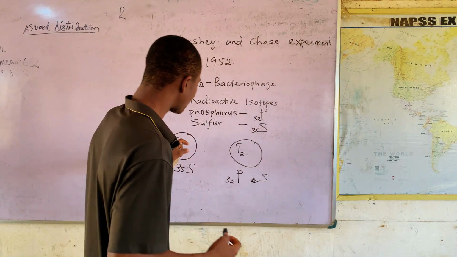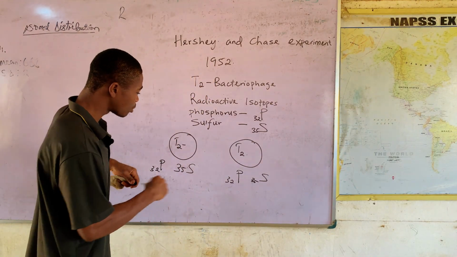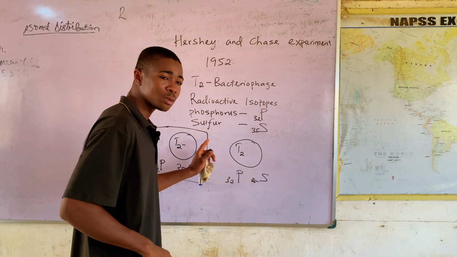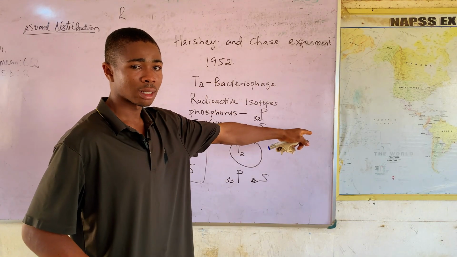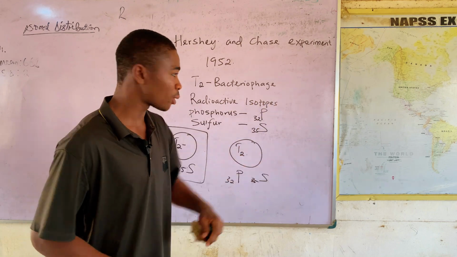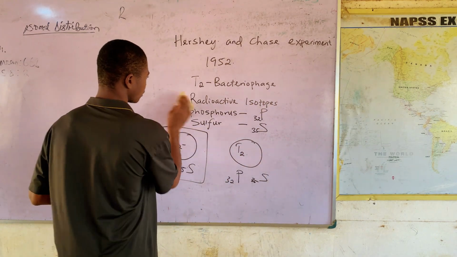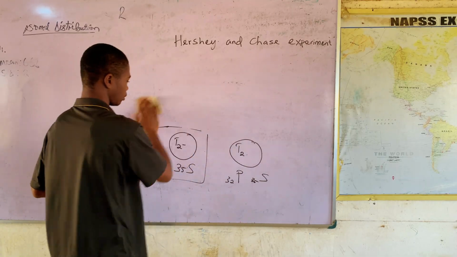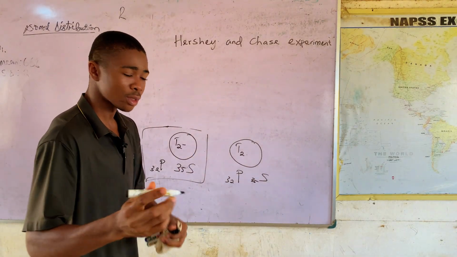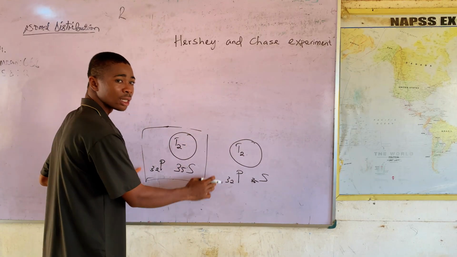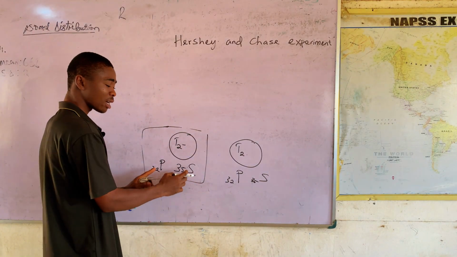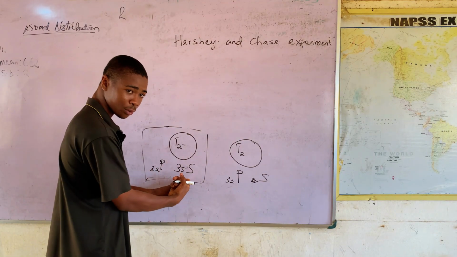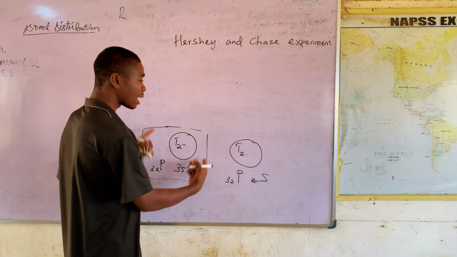So what they did was they allowed the medium they had prepared to infect a bacterium, which was Escherichia coli. They allowed this bacteriophage that they cultured in the presence of radioactive phosphorus and radioactive sulfur to infect the bacterium.